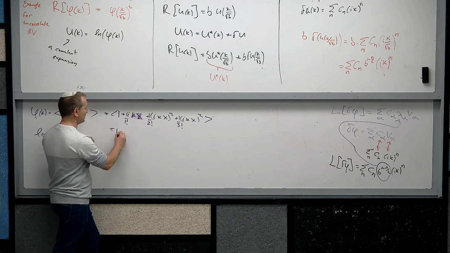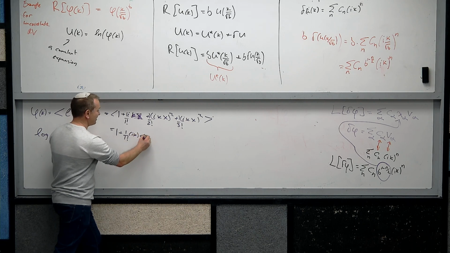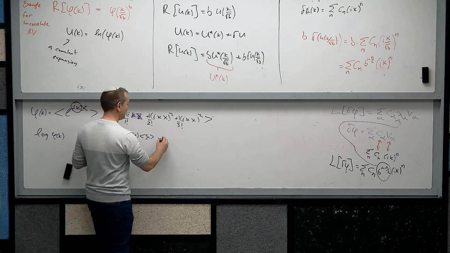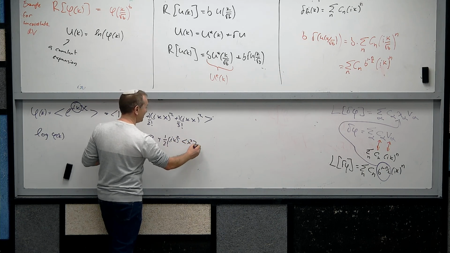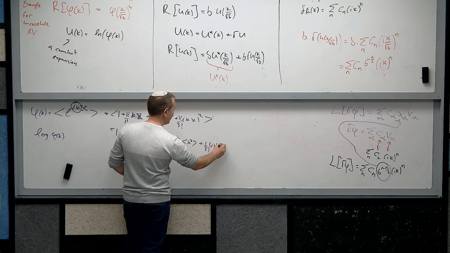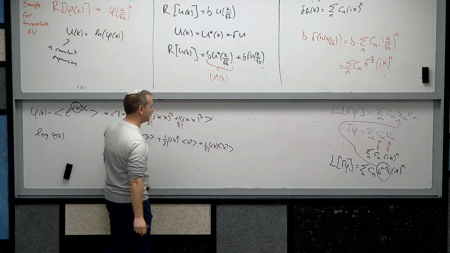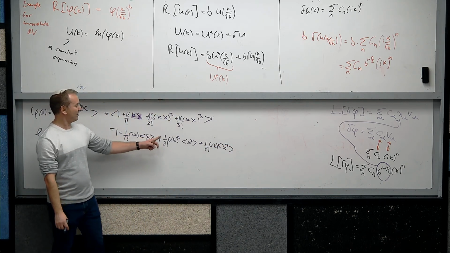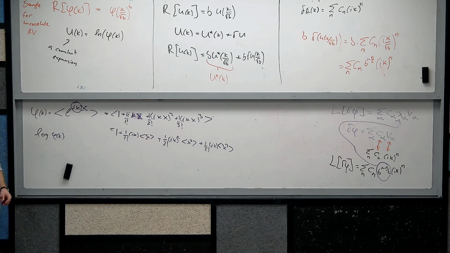I'm obtaining 1 plus 1 over 1 factorial i k, the average of x, plus 1 over 2 factorial i k squared x squared, plus 1 over 3 factorial i k x to the third, et cetera. So you see the i k powers entering the expansion. This is why I'm using i k to some power.